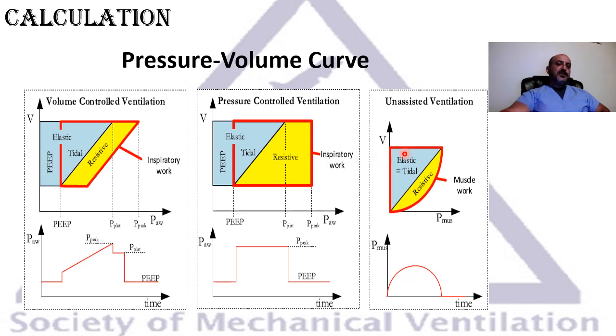The interesting one is the curve on the right side. That's a patient who's breathing spontaneously. If you notice the airway pressure at the bottom of the figure here, it's a sinusoidal waveform, and it's only composed of the elastic, which is the blue, as tidal work. There is no PEEP here because supposedly a spontaneously breathing person does not have PEEP or auto-PEEP, unless of course in obstructive airway disease.